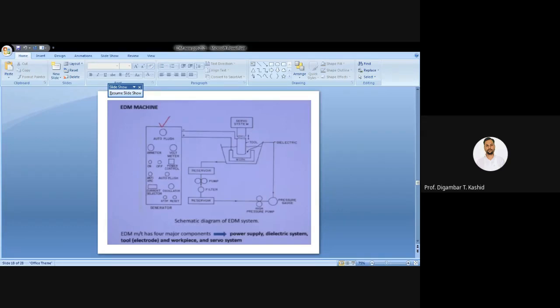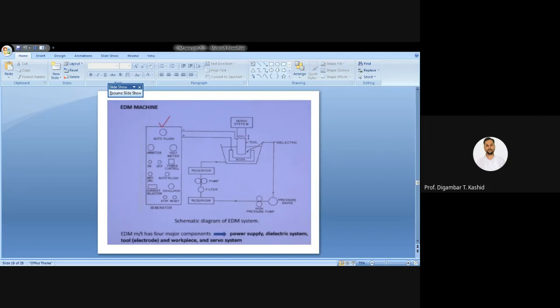You can give dielectric fluid from the hollow tube of your tool and flush it. Another is that you can supply or flush the dielectric fluid through your workpiece. You can see the arrow, it goes down and outside. This is the fourth.